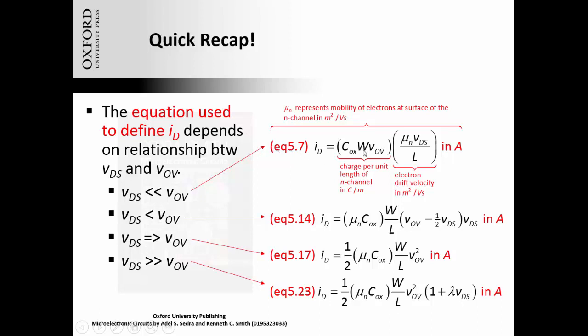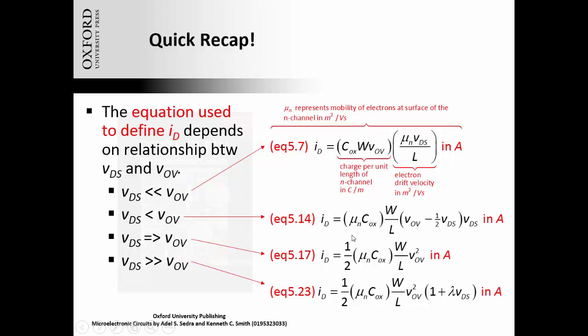For small VDS, we can assume that the VOV, the overdrive voltage, along the whole length of the channel is constant, and so we have basically a current that is just proportional to VDS. The channel acts as a programmable resistor. We can program it with a resistance that's inverse to VOV.